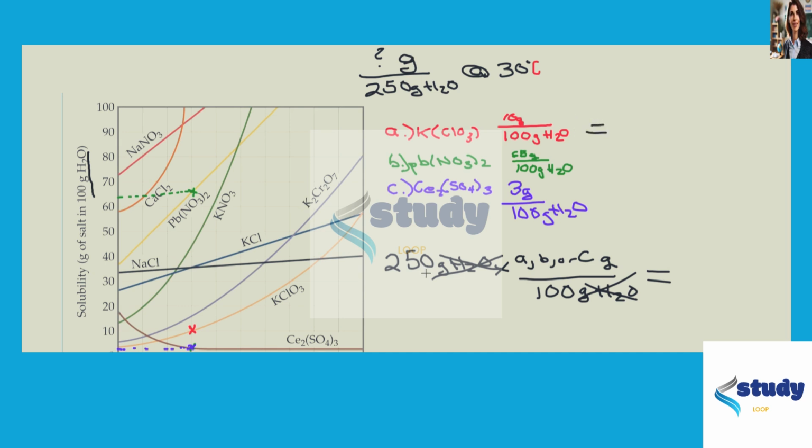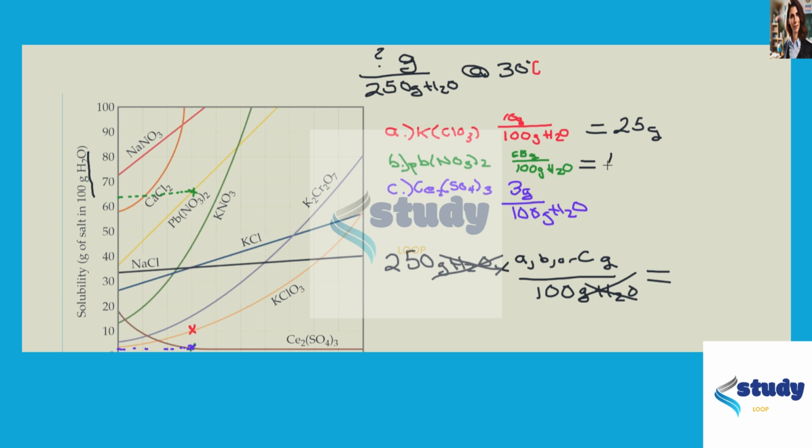We put 250 grams times 10 divided by 100, and we end up with 25 grams of potassium chlorate. Let's do this again for B. We take 250 times 65 divided by 100, and we find that we have 162.5 grams.